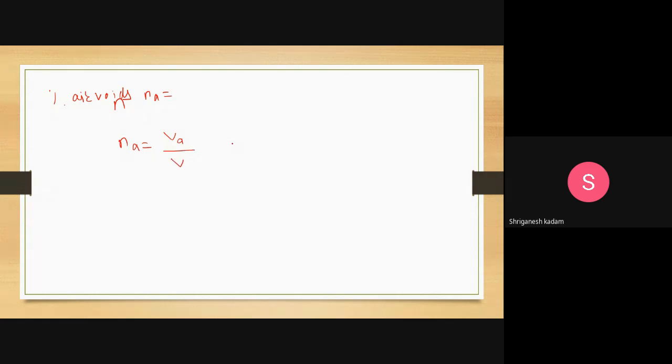This is percent air void, volume of air to the total volume. So we can write this as volume of air divided by volume of void into volume of void divided by V.